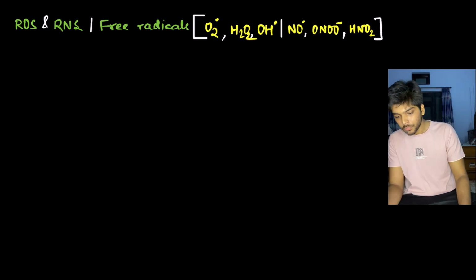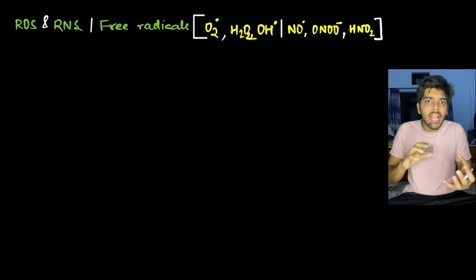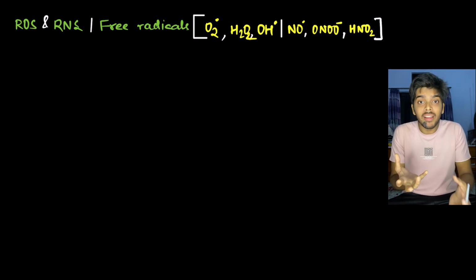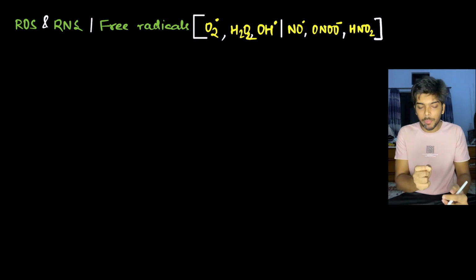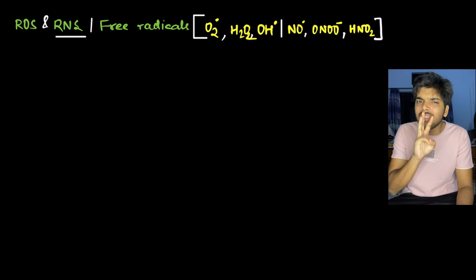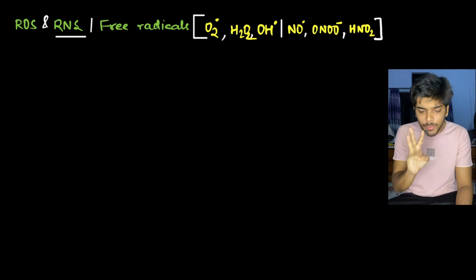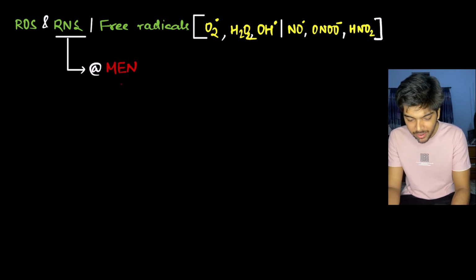All right. Now, between reactive oxygen species and reactive nitrogen species, reactive oxygen species are more significant. That is because reactive nitrogen species are formed mainly only in three specific cells, and they can be remembered with the help of the mnemonic MEN.